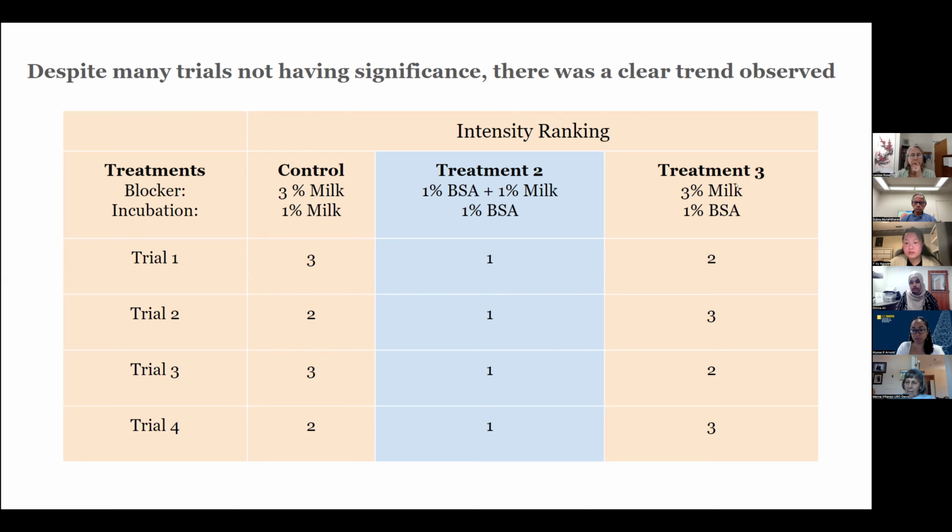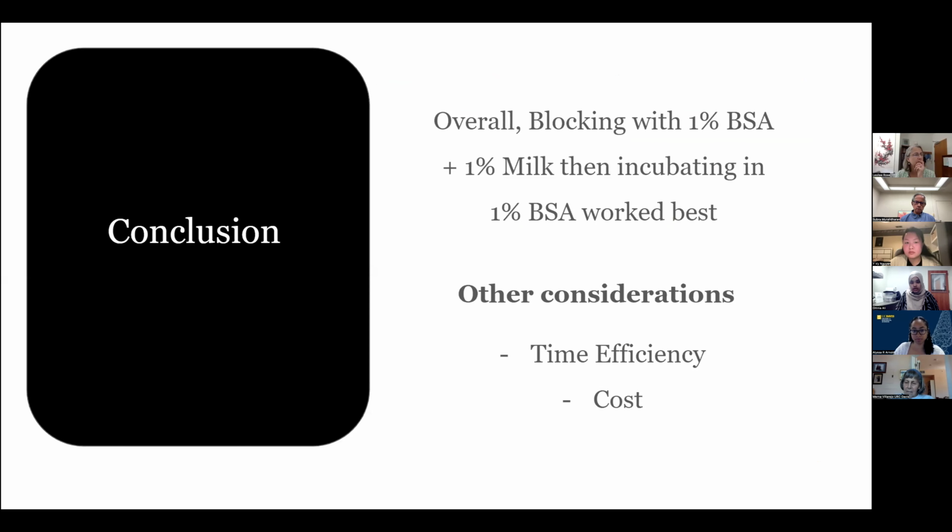Treatment 3 performed similarly to the control, but there were instances where there was high background. To conclude, overall, treatment 2, which was the 1% BSA with 1% milk for the blocking and incubating in 1% BSA, worked better.